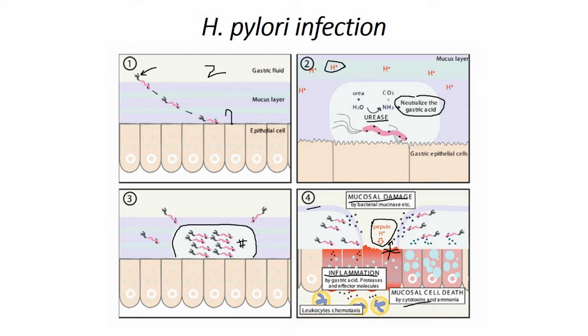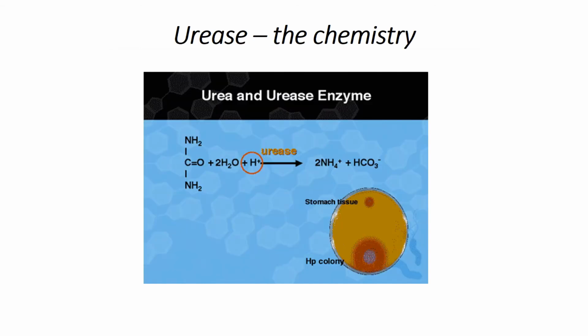Now, let's take a look quickly at this urease chemical reaction. So here's the chemistry. Here's our urea. This is our urea molecule here. Notice the nitrogens on here. That's why it's going to become an important part of this reaction. We're going to add a couple of waters here, but most importantly, look at this proton. These are the protons coming from the acid environment in the stomach lumen from the potassium proton ATPase transporter.